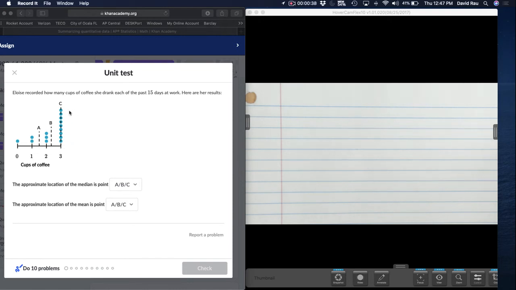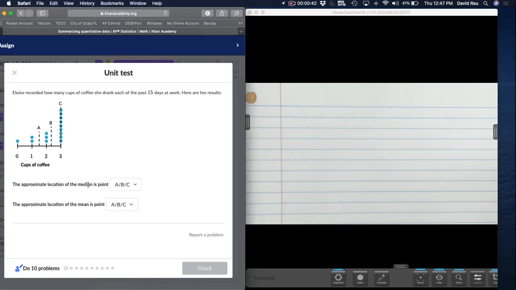All right, so in this question you have a data set and it asks you to approximate the location of the median and the location of the mean. Remember that the median is where the middle value of the data set is when you order it from least to greatest, and the mean is the average of all the data points.